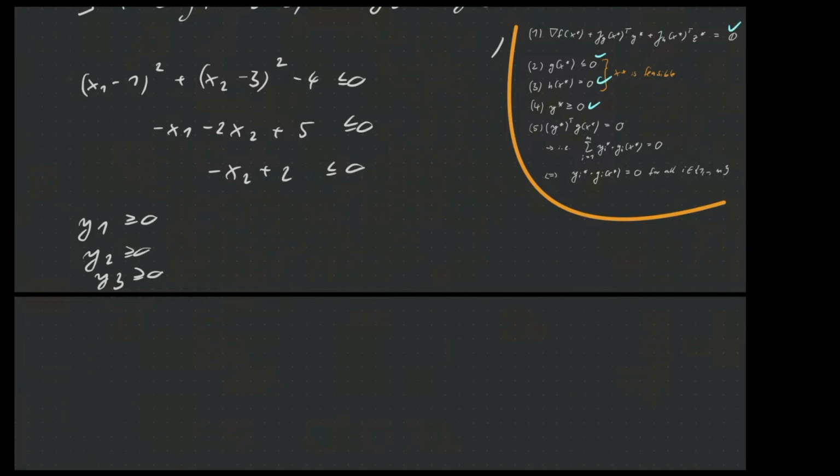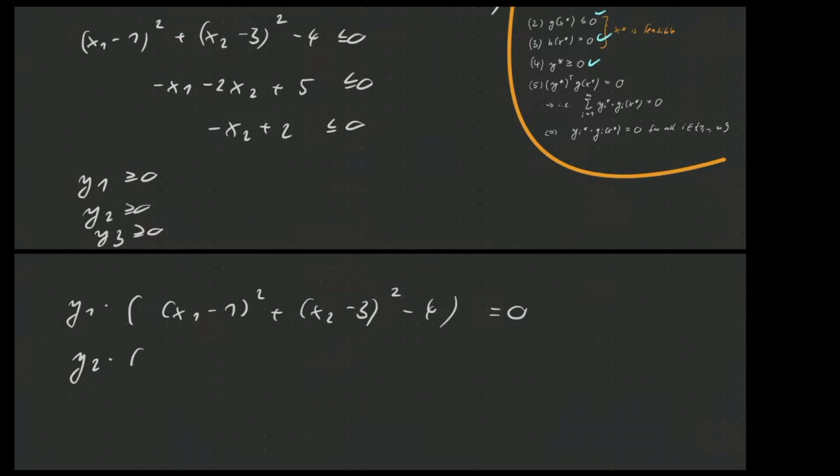So what we get is y1 times, and now we take the left-hand side of this first inequality here, multiply with that, x1 minus 1 squared plus x2 minus 3 squared minus 4, that is 0.